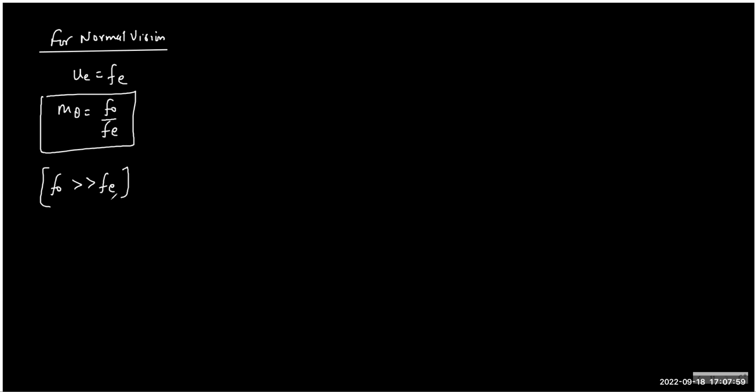So FO is much bigger than FE, and therefore we achieve up to 100 times or maybe 1,000 times magnification. Technically, FO more than FE is sufficient, but in practice we keep FO much bigger than FE. That is why we also use a large aperture for light to enter, and keep the focal length of the objective very big.